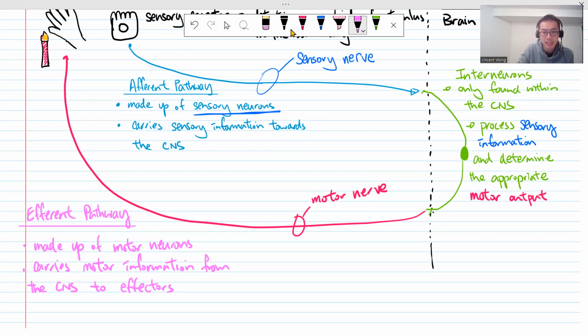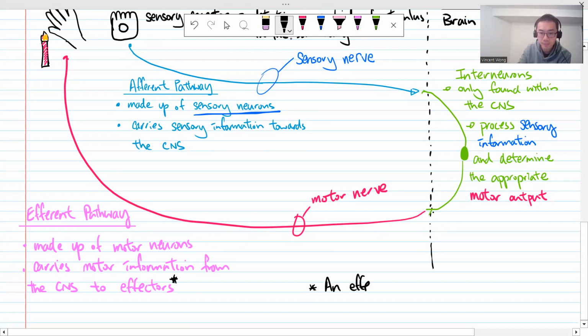I'll explain what that is in a second. An effector, not to be confused with the effector we learned in the immune system.